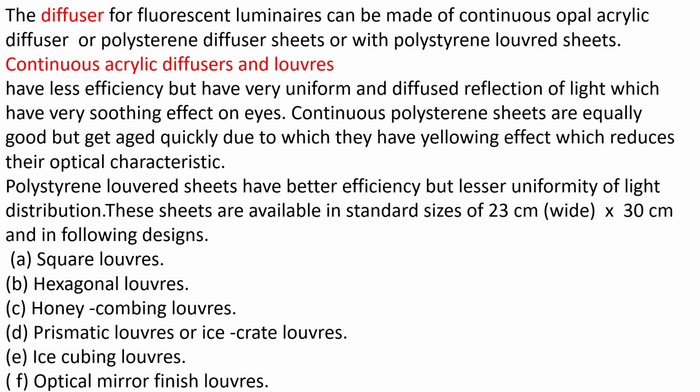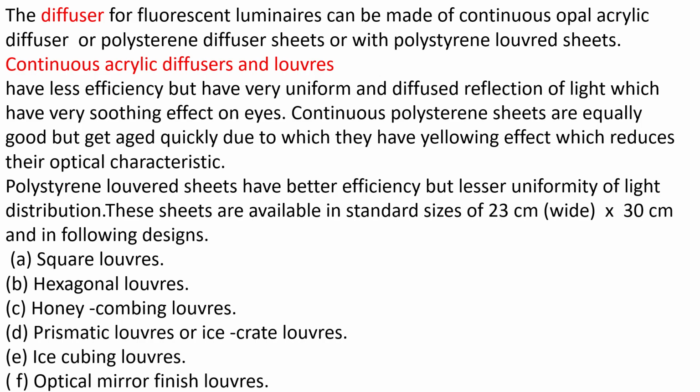Continuous acrylic diffuser and louvers have less efficiency but have very uniform and diffuse reflection of light, which has a very soothing effect on eyes. Continuous polystyrene sheets are equally good but age quickly, due to which they have a yellowing effect which reduces their optical characteristics and look as well.